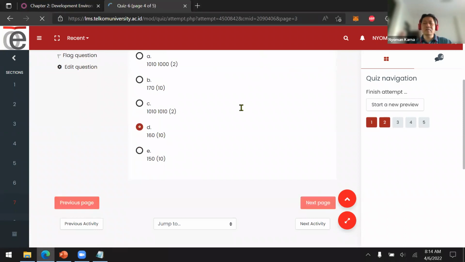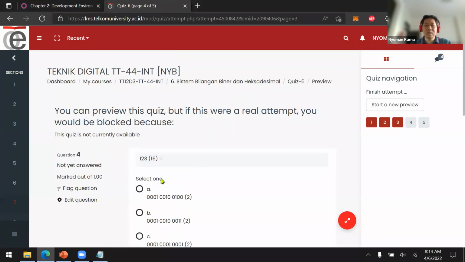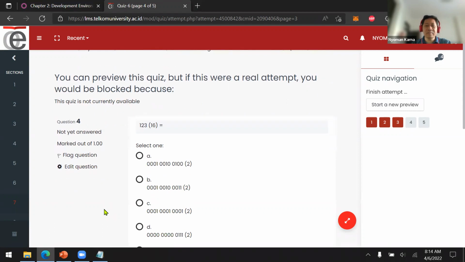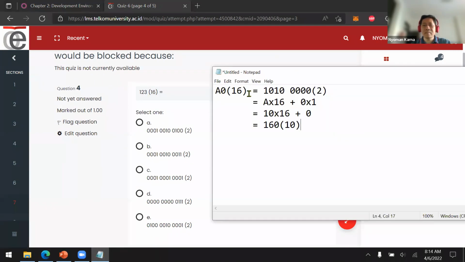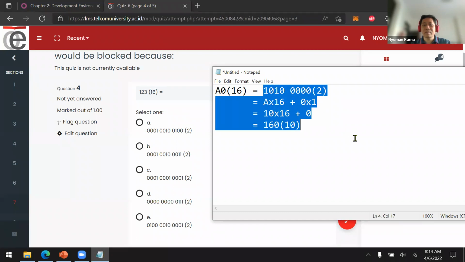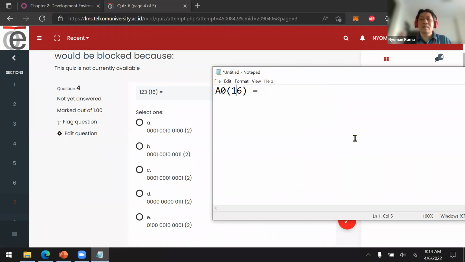Okay, now the next question. The fourth question is 123 in hexadecimal. Each of these symbols, 1, 2, and 3, represents 4 bits of binary value.